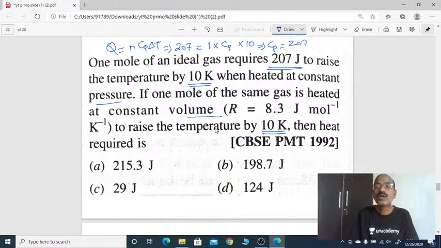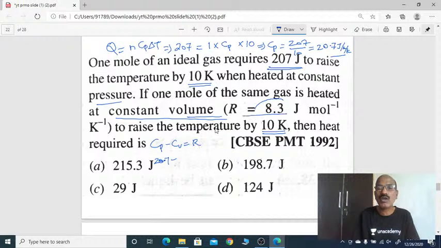From here, you can find the specific heat at constant pressure. You will get 207 divided by 10, that is 20.7 joule per mole per Kelvin. That is Cp. We know Cp minus Cv equals R. Cp is 20.7 that we got, and we need to find Cv.